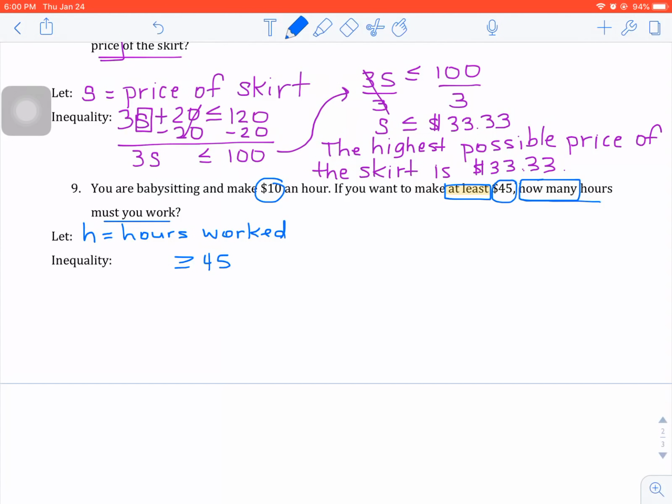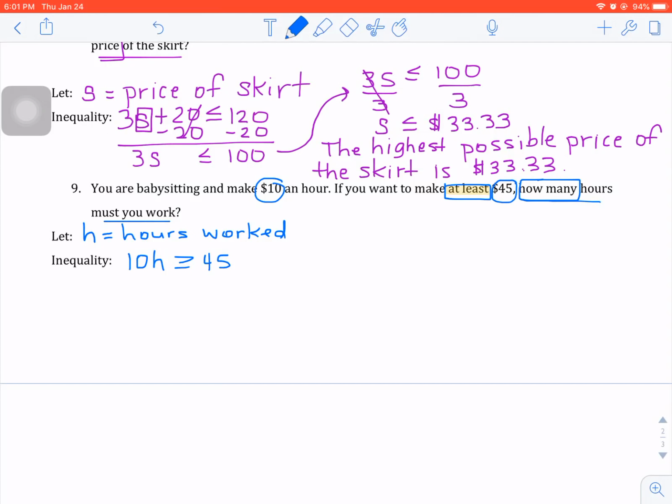Okay, so if you can make $10 an hour and H represents the hours you are working, then we would show that by putting 10H, or 10 times H, is greater than or equal to 45.